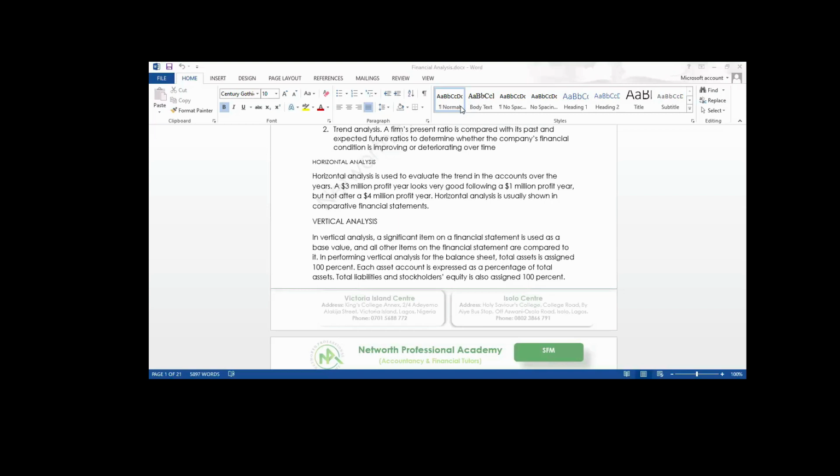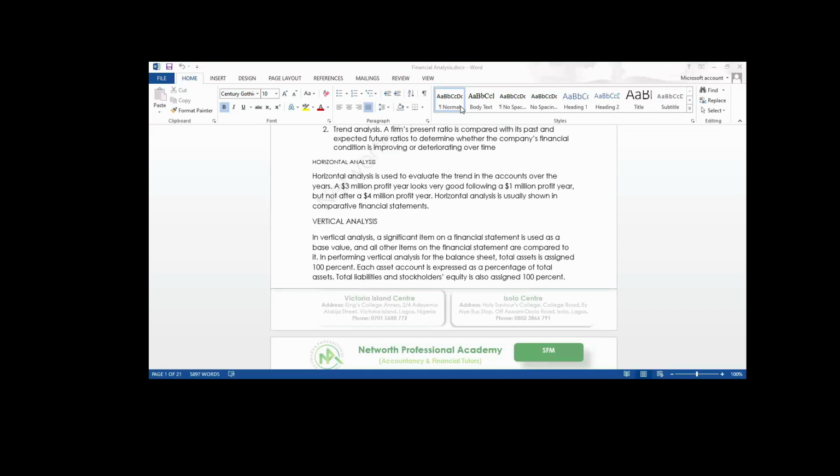Also remember, what are the components of the statement of financial position? You have your non-current assets. You have your current assets. Under your current assets, you have your inventory, your trade receivables, your cash and bank balance.